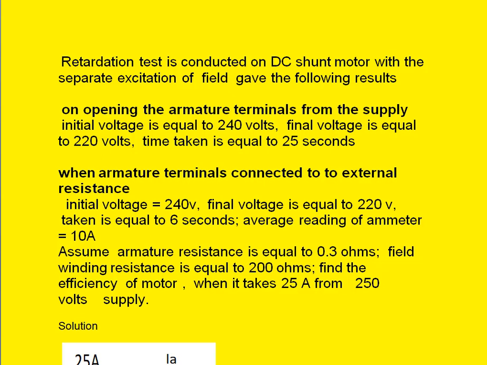One stage is, we connect the armature terminals to the supply with its field excitation directly connected across the supply. Then we apply the voltage slightly above the rated voltage. Then automatically the motor reaches speed higher than the rated speed.